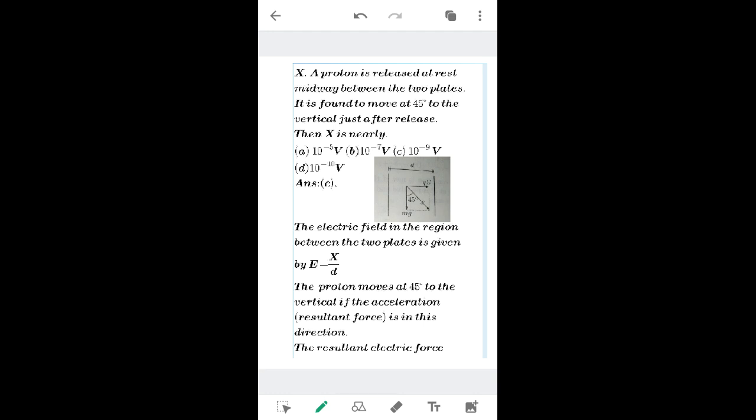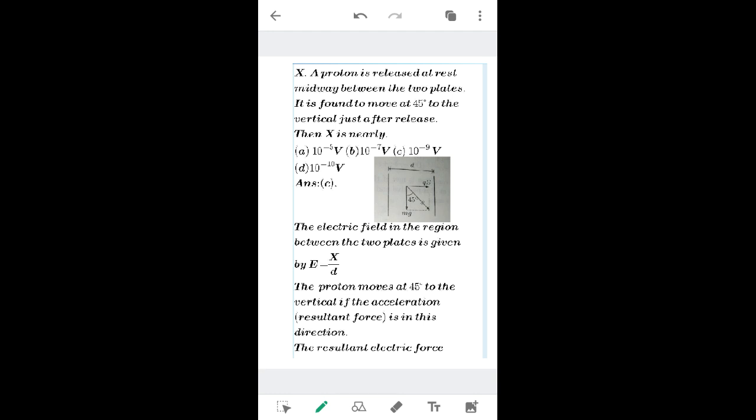It is found to move at 45 degree to the vertical just after release. Then X is nearly: option A, 10 raised to minus 5 volt; B option is 10 raised to minus 7 volt; C is 10 raised to minus 9 volt; D is 10 raised to minus 10 volt.